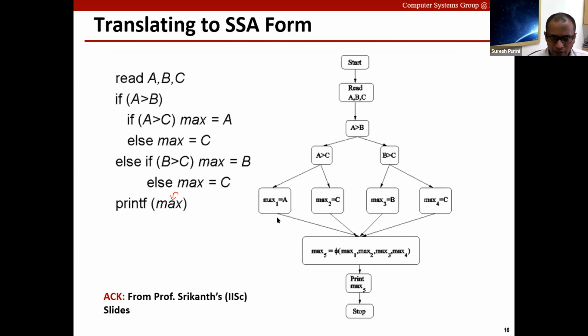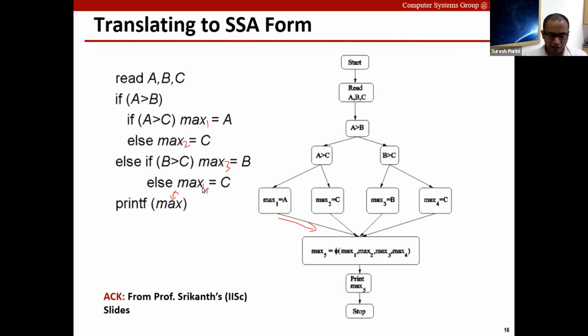So along this path, the definition max1 reaches this particular use of max. And along this path, there is a different version of the variable, max2, that comes. So if you see this code, this is max1, this is max2, this is max3, this is max4.